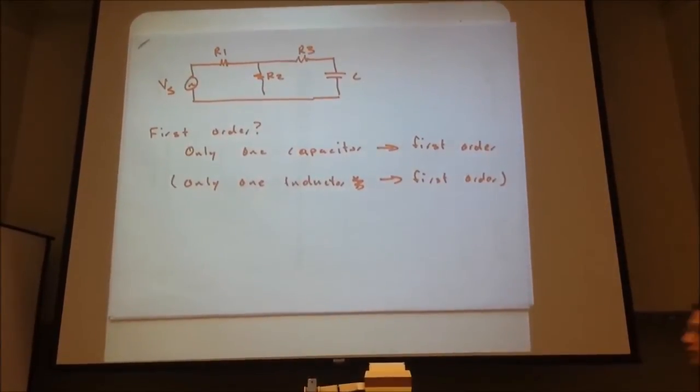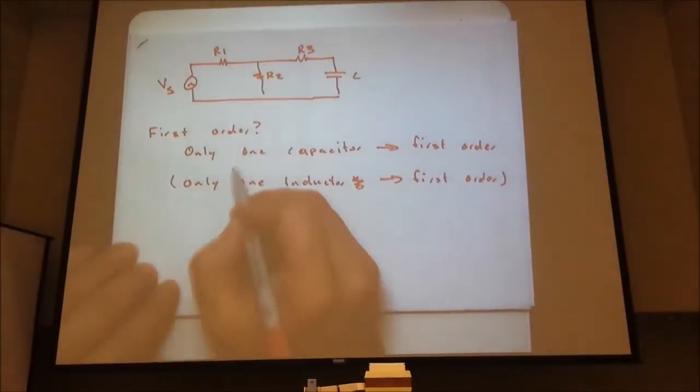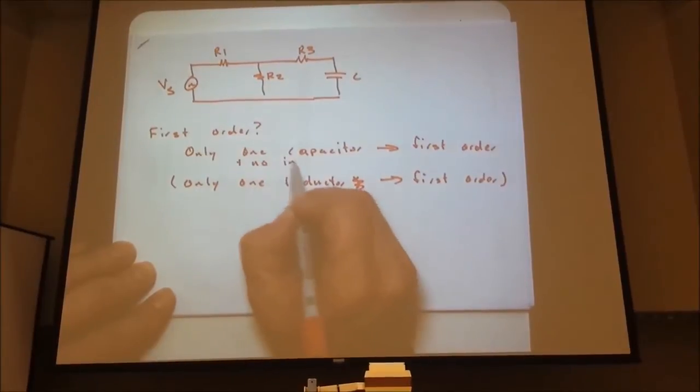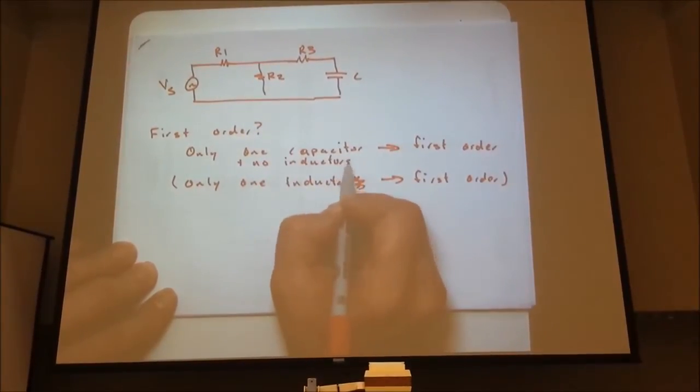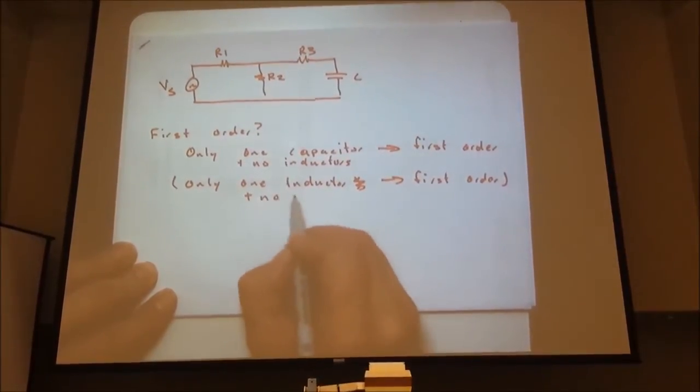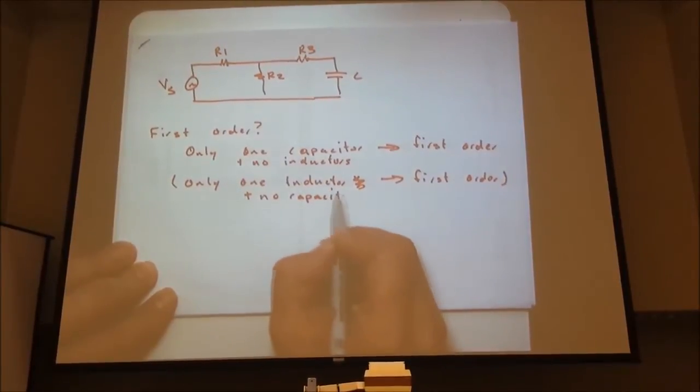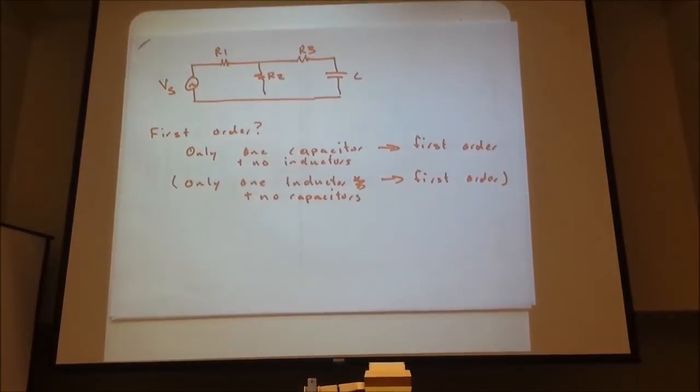So, only one capacitor and no inductors. Maybe we should add that little qualification as well: and no inductors. And here, and no capacitors. So you only have one capacitor or only one inductor.